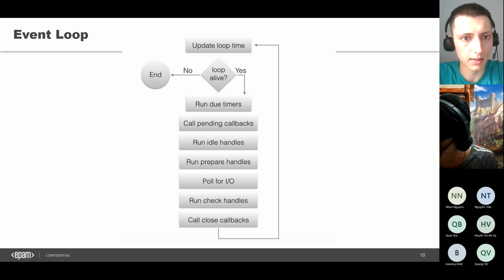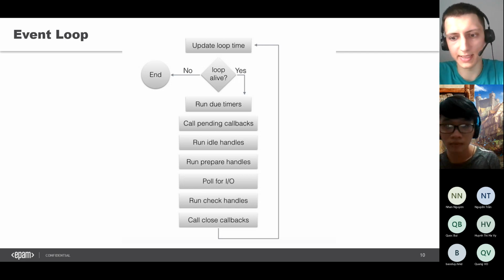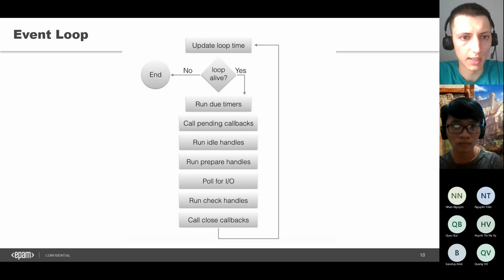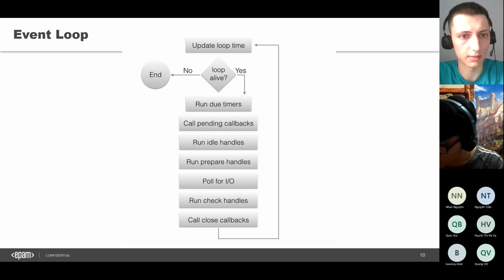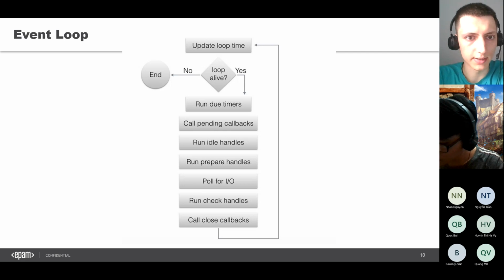For example, timers. As you can see, this loop is very well illustrated here. When, for example, the callback stack is clear, the event loop will go through every phase. It will run due timers and check if there are any timers that can be executed, for example, when the time is out.